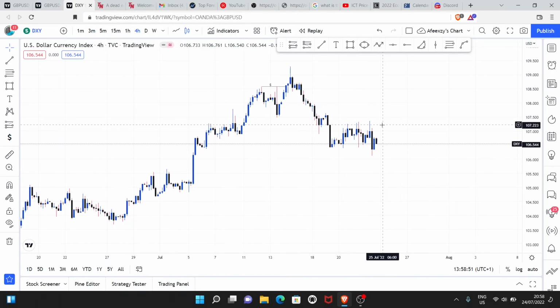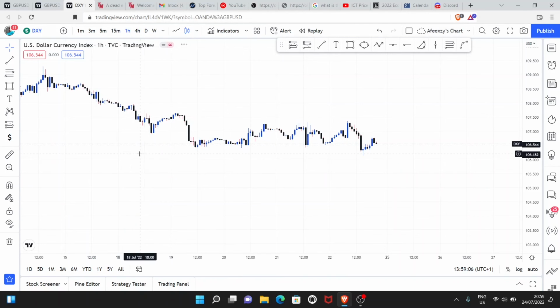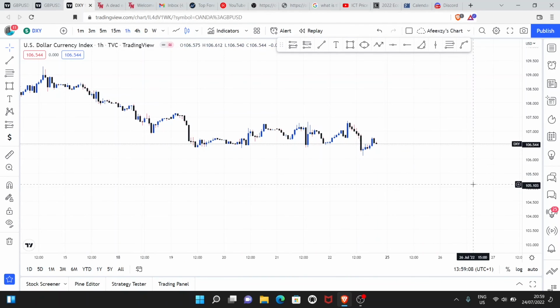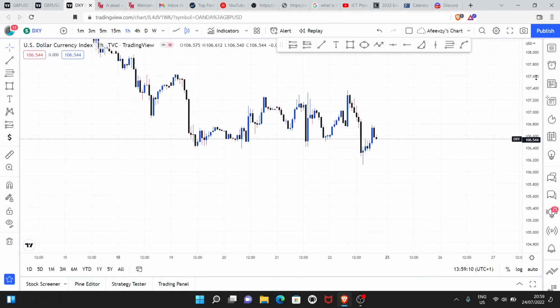It made some high, cleared it, sold down, made another high, cleared it. Now we see this drop, clearing this and changing the market structure. So I'm bearish on DXY. Let's see if it can still go and fill that gap on daily.